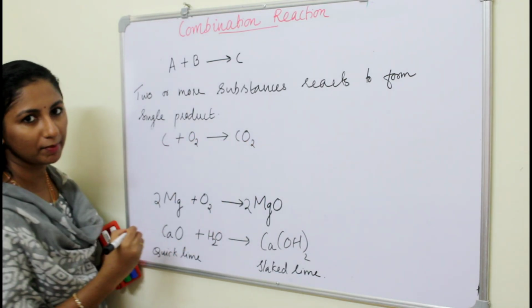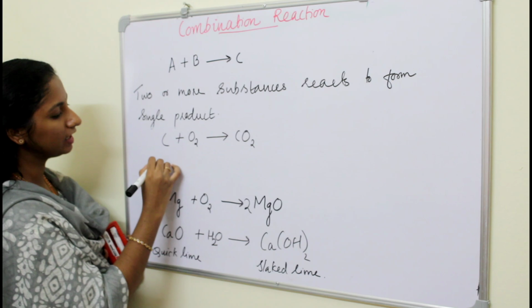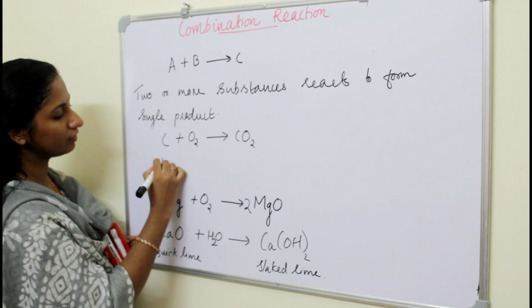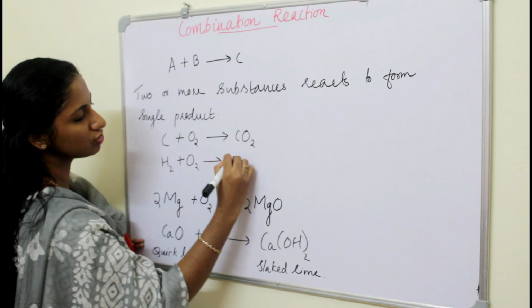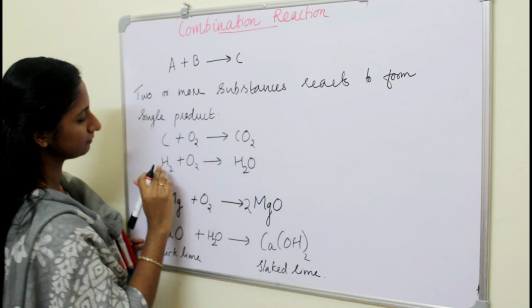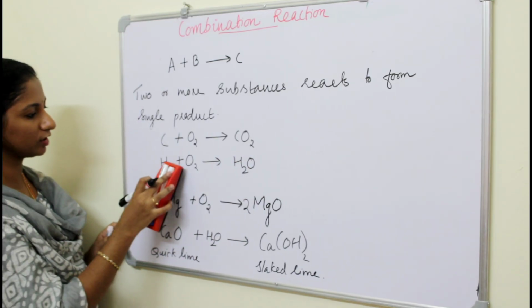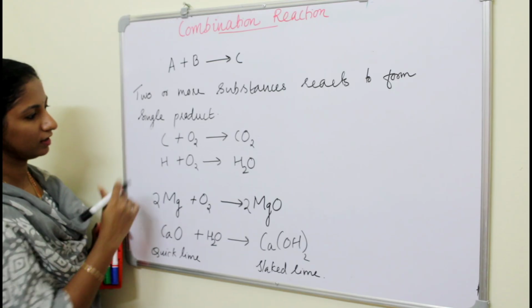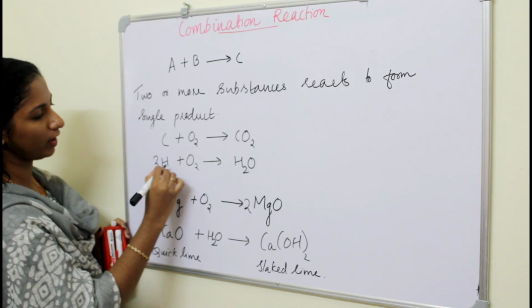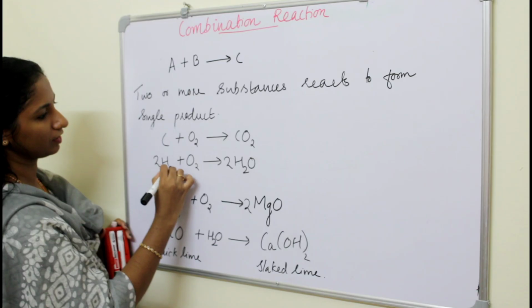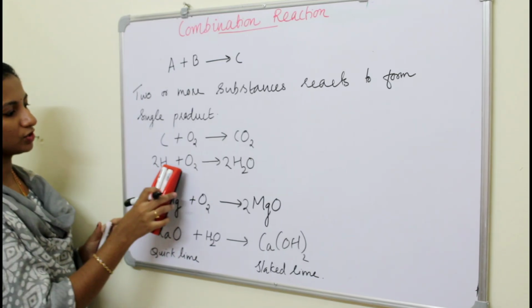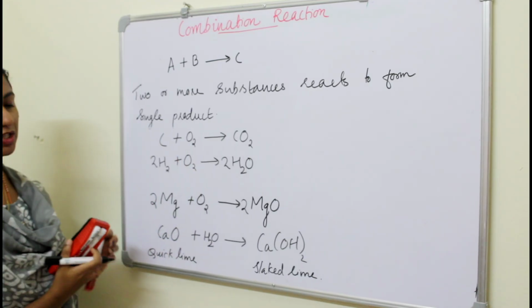CO2, carbon dioxide. And similarly we take hydrogen and oxygen for the formation of a water molecule. 2 H2 plus O2 gives 2 H2O. Okay, so these are examples of combination reaction.